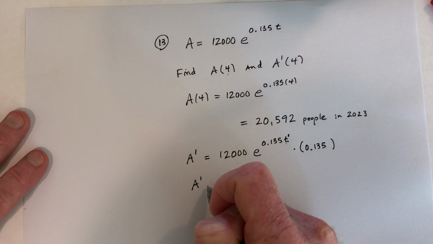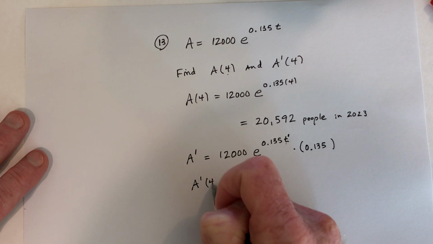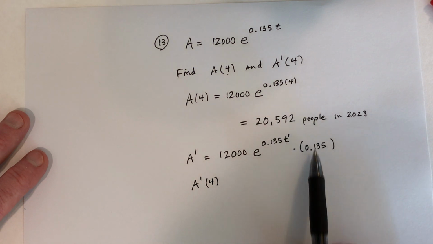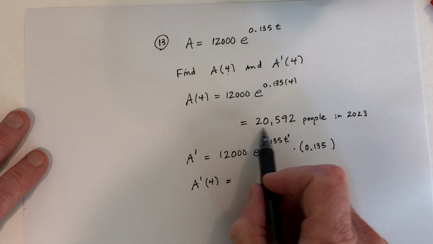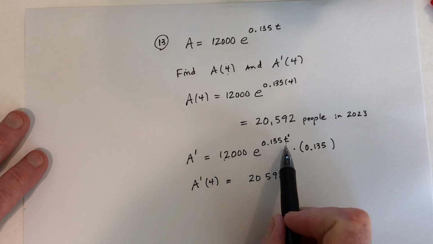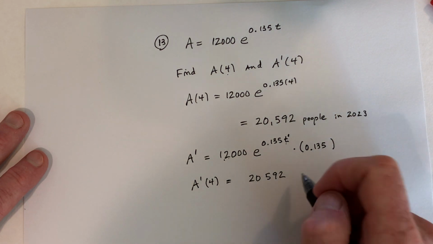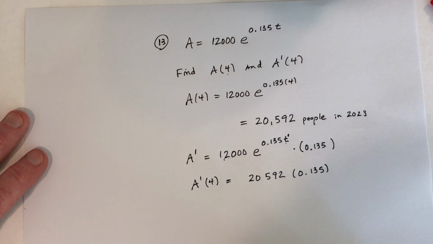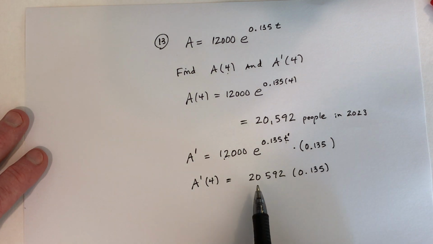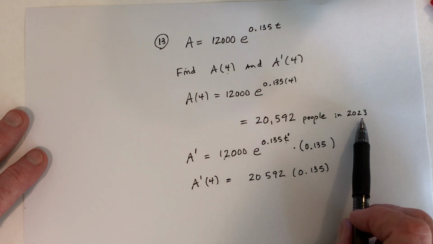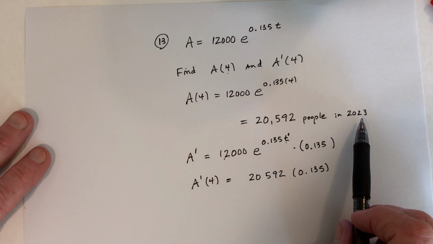And then I plug in a 4. So it basically means it's the exact same thing as this, because I'm going to plug in a 4. I just have to multiply by this decimal. So that means that it's just going to be that same answer, 20,592, because that's what I got when I plugged in a 4 for this part, and then just multiply with this decimal. And basically what that's saying is, okay, yes, there are 20,592 people in that town in 2023, but how fast is the town growing?